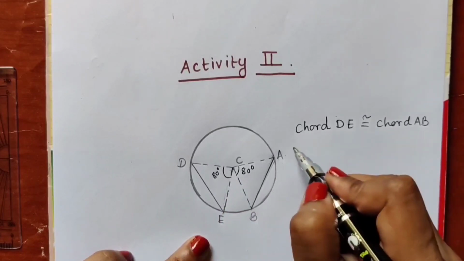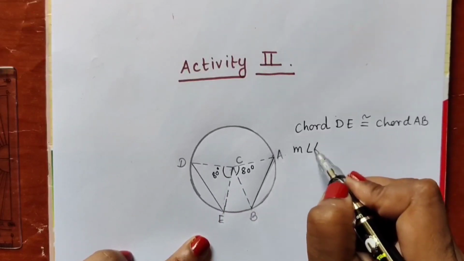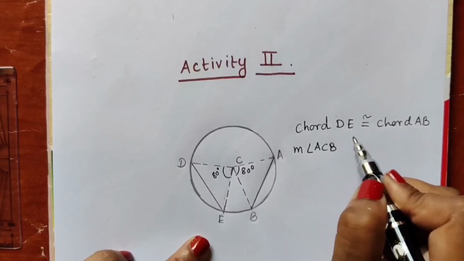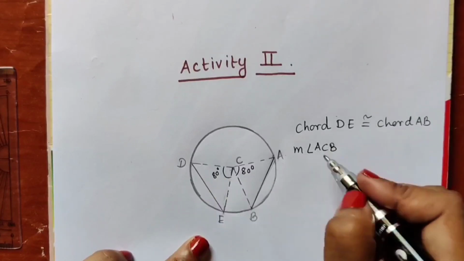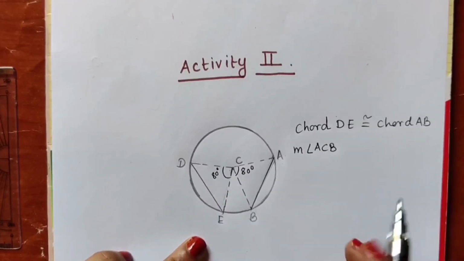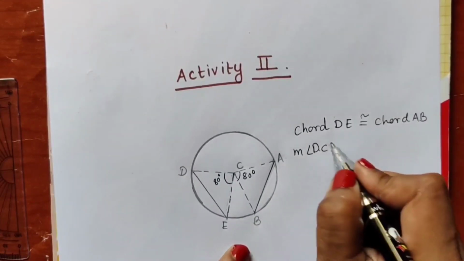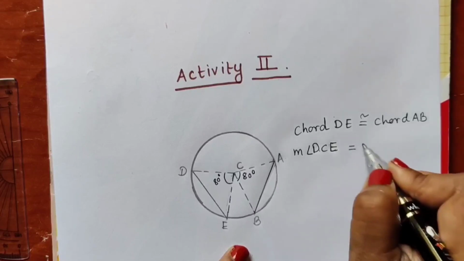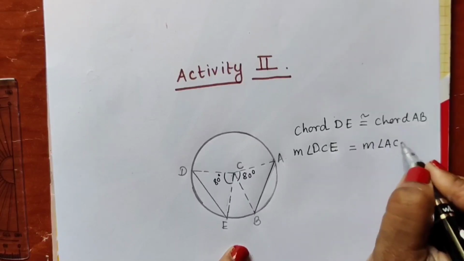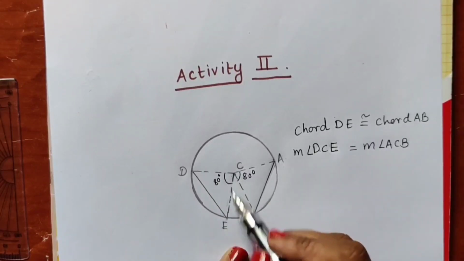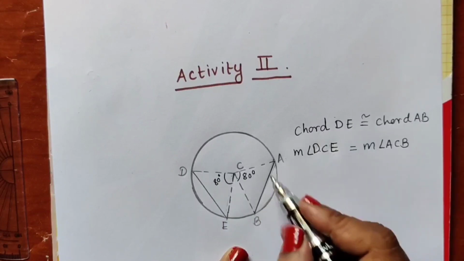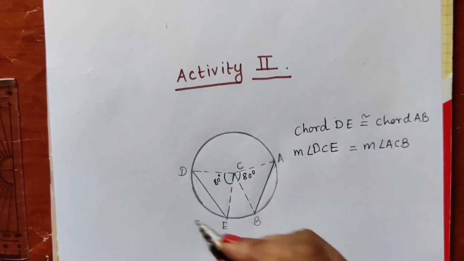Okay, so we get major angle DCE, sorry, first we should write DCE. I will make the correction here. Major angle DCE is equal to major angle ACB. So as these two angles are equal, the arcs corresponding to them are also congruent.